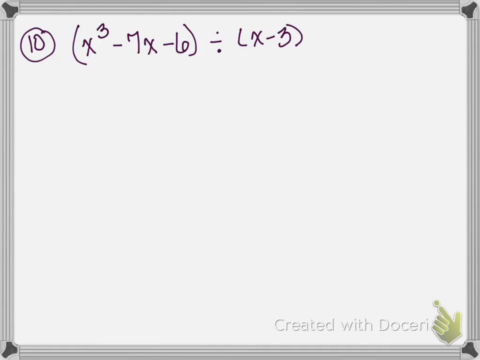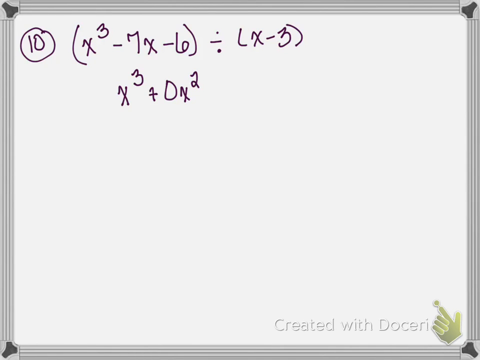The issue with this particular problem is that we don't have an x squared. We've got an x to the third, and then we go straight to x to the first. So what we have to do is account for that. So I've got x to the third plus 0x squared.